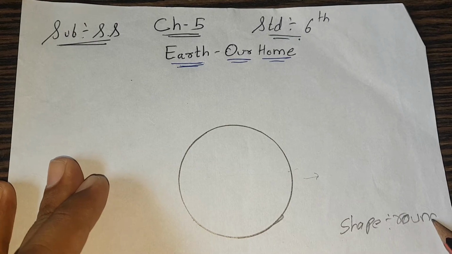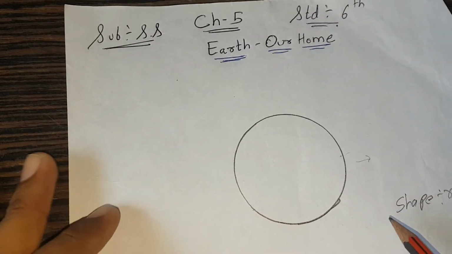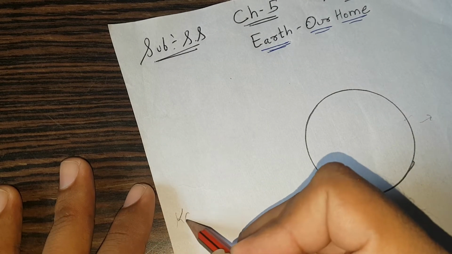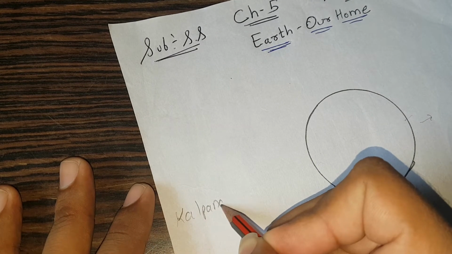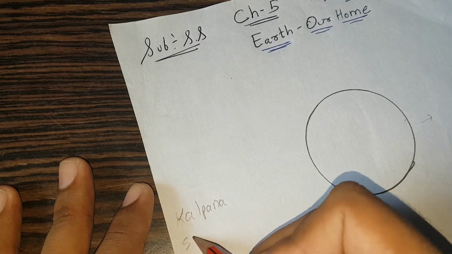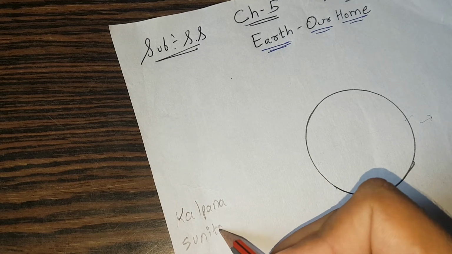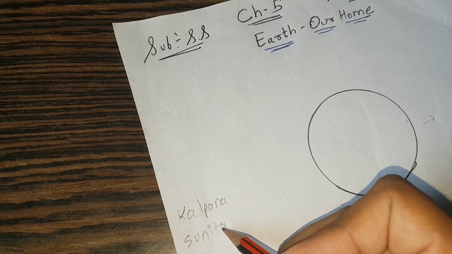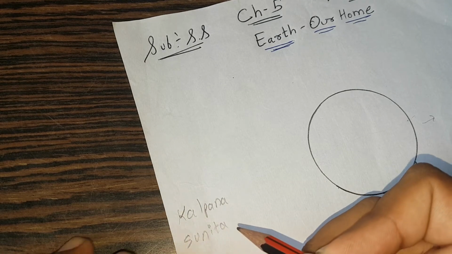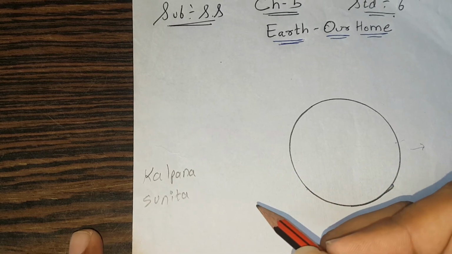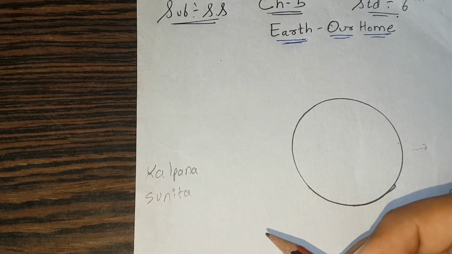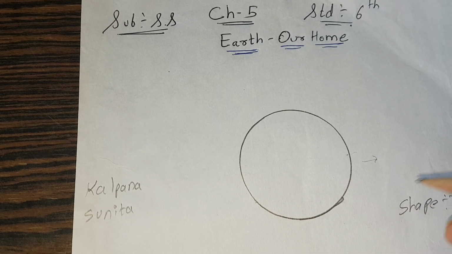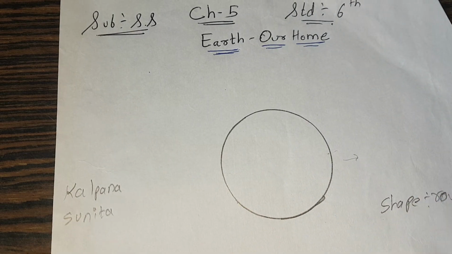By its image, the scientists, for example Kalpana Chawla, Sunita Williams and Rajesh Sharma, these three scientists of India who went to the moon and captured the picture, came to know that the Earth is round.